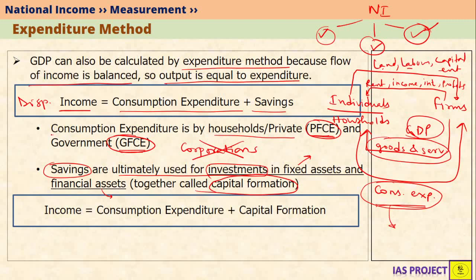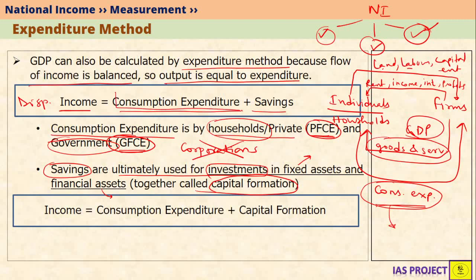Consumption expenditure only comes from two entities in an economy, that is households as well as government. Whatever is the expenditure of households, it is called private final consumption expenditure, PFCE. And whatever is the final consumption expenditure of government, it is called GFCE, government final consumption expenditure.